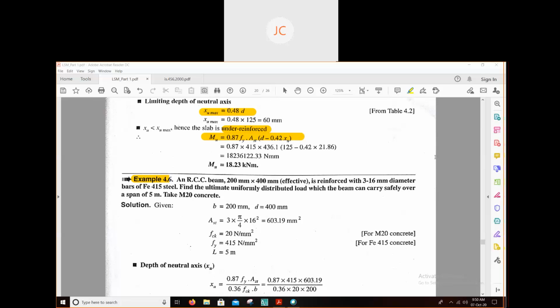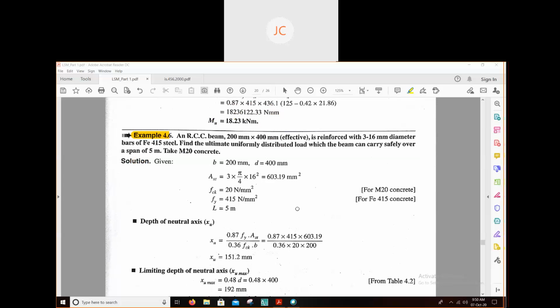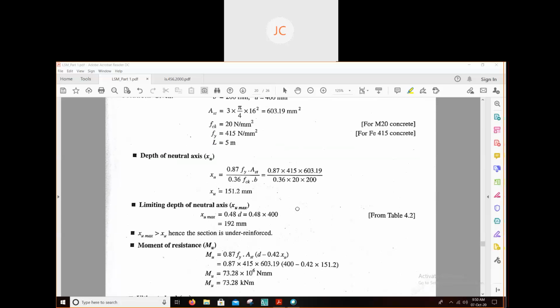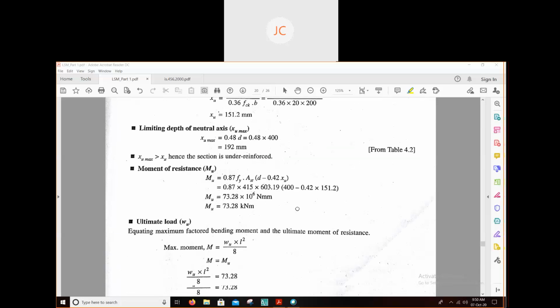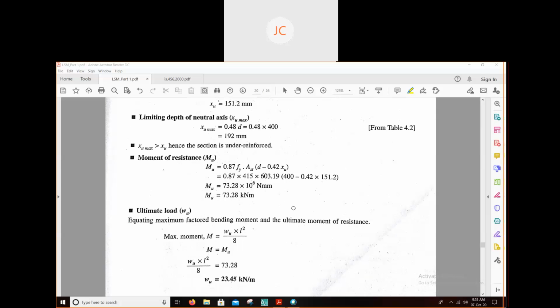WL square by 8. Okay, 23.44 kilonewton per meter. Your answer is correct, I think. Yeah, 23.45. Both 23.44 and 23.45 are correct. So this is the final answer: the ultimate load UDL value is 23.45 kilonewton per meter.